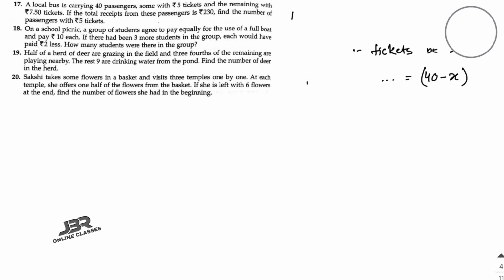On a school picnic, a group of students agree to pay equally for the use of a full boat, and pay rupees 10 each. If there had been 3 more students in the group, each would have paid rupees 2 less.